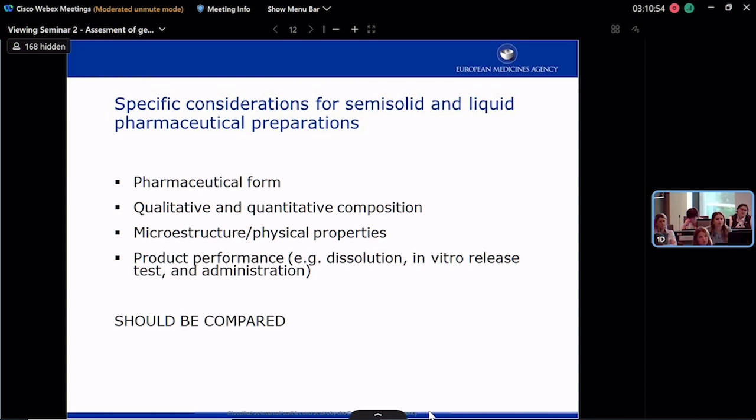The same documentation should be provided as for the reference medicinal product. Thank you.